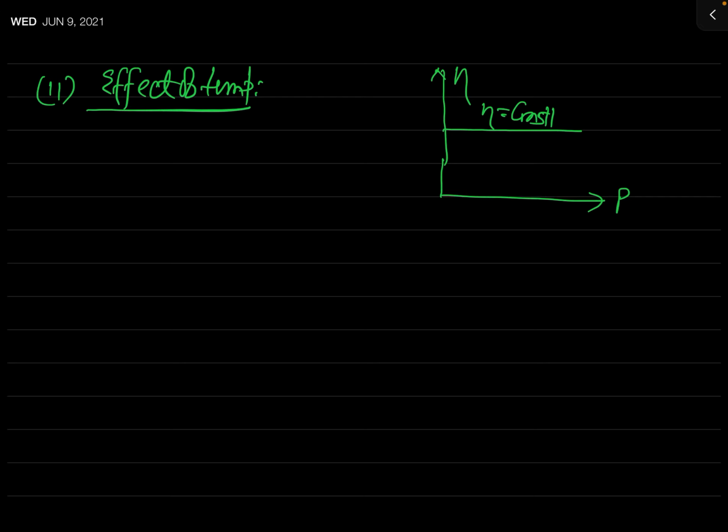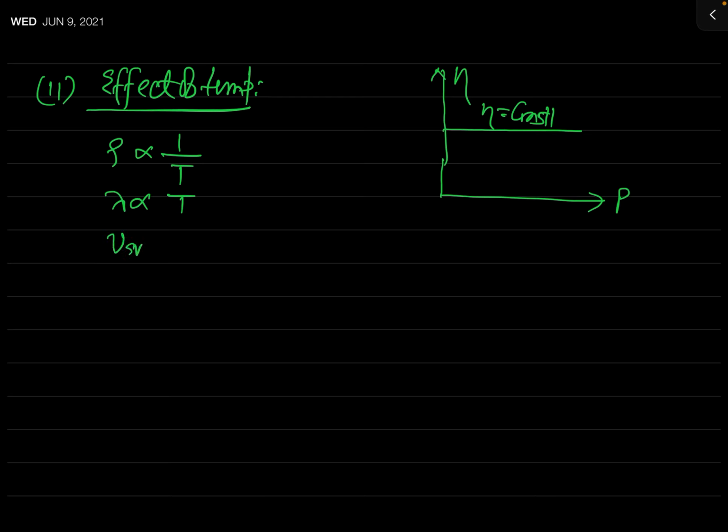And the average velocity is proportional to the square root of temperature. So the density of the gas is roughly, this is just a rough relation, inversely proportional to temperature, and the mean free path is roughly directly proportional to temperature.